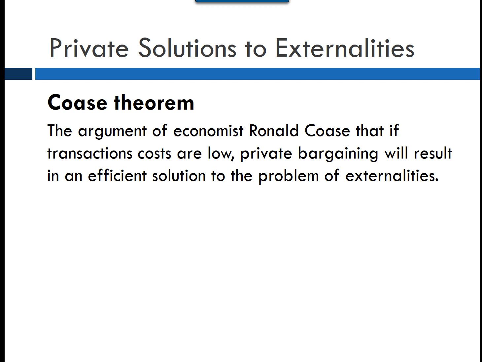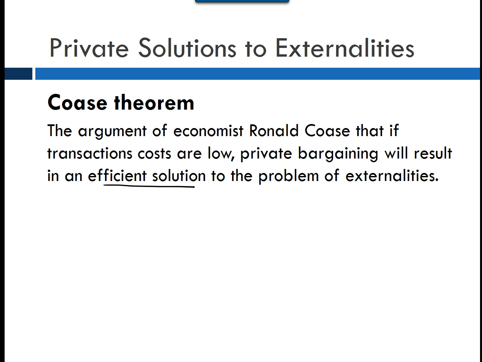This is the idea behind the Coase theorem. So Ronald Coase said if transaction costs are low, private bargaining can come to an efficient solution. That does not necessarily mean that it's going to eliminate the pollution, but it's going to come to a point where they can both agree.